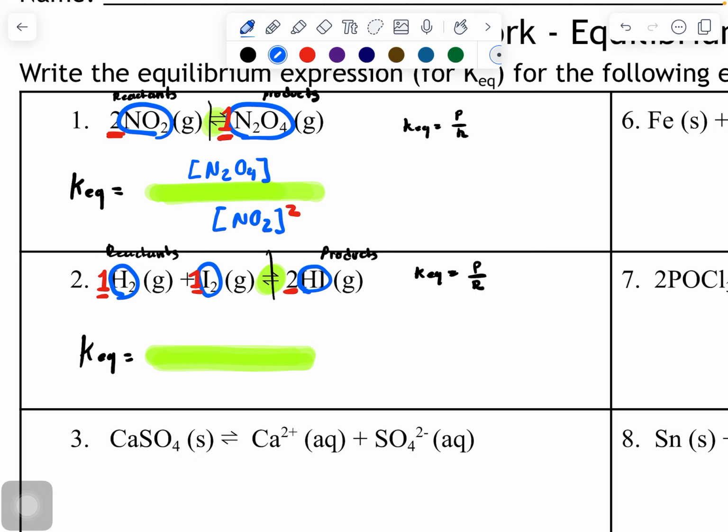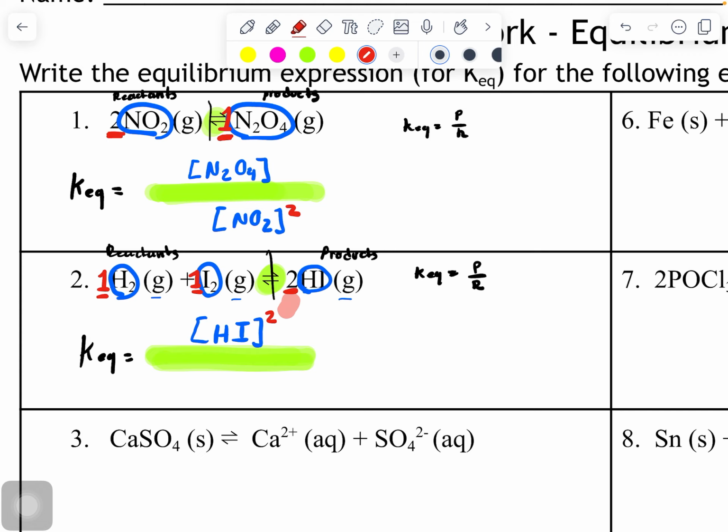And let's go ahead and write my products. Oh, let me just triple check that I don't have any solids. Nope, no solids, so we're good. Okay, so the concentration of HI to the power of 2. So this 2 is now right here.